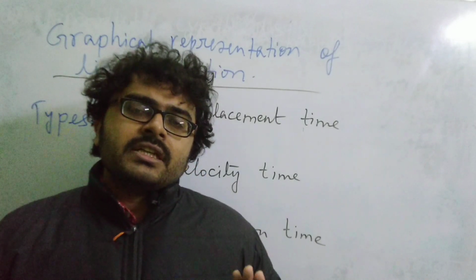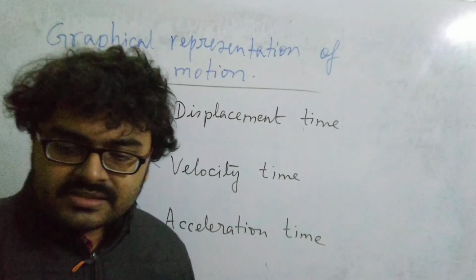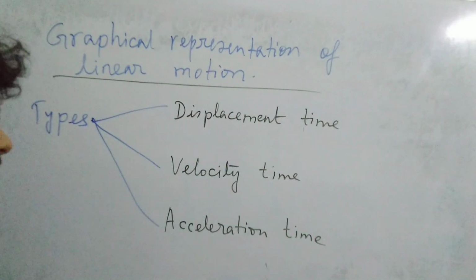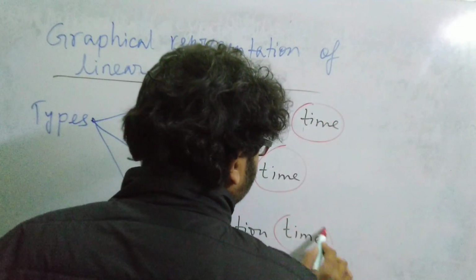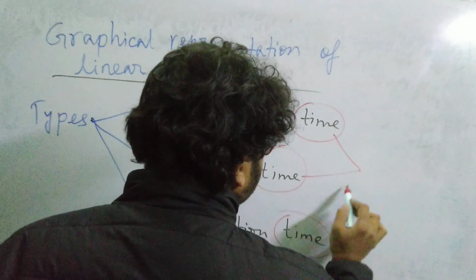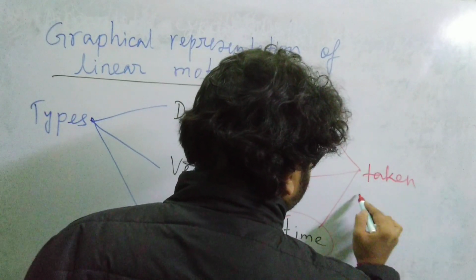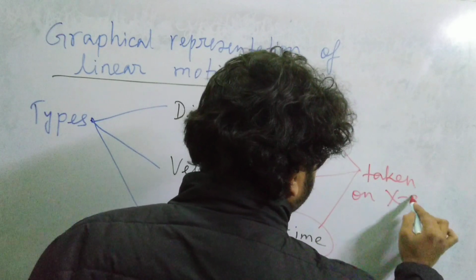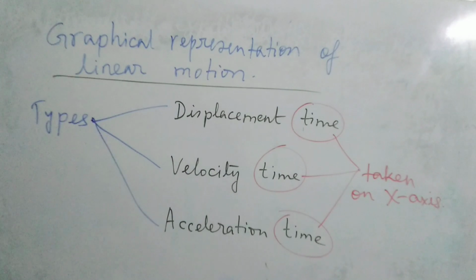So in all three cases, time is always taken on the x-axis. Remember this. With that, today let us start discussing the displacement time graph.